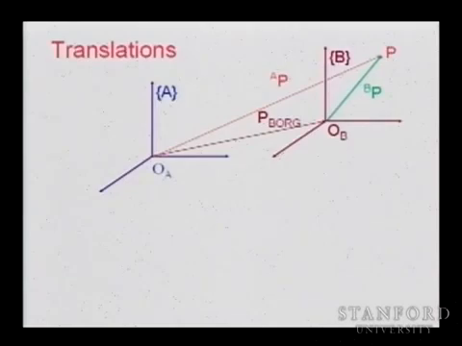So it is the same point, but described with respect to two different points, two different origins attached to two different frames, and you end up with two different vectors.